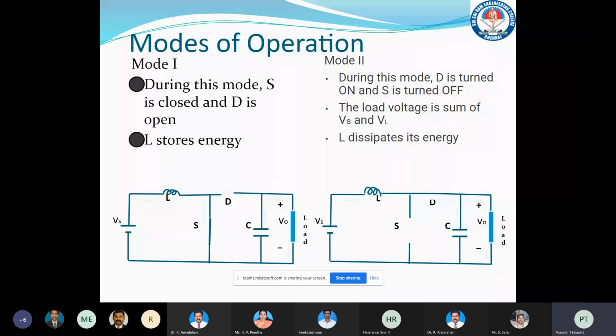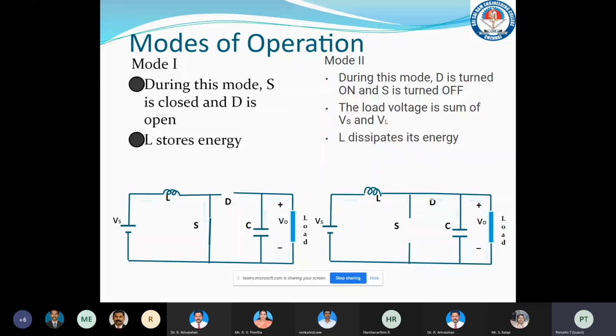Then during mode 2, the switch is turned off, and during this mode, the polarity of the induced EMF in the L will be reversed, so that the EMF polarity to the right of the L will be plus and to the left of the L will be minus. So the output voltage will be the voltage across the inductor plus Vs. Hence we get the output voltage which is greater than the input voltage.